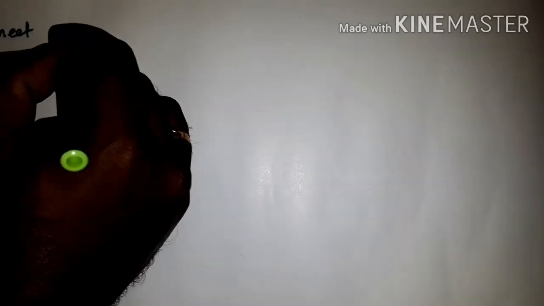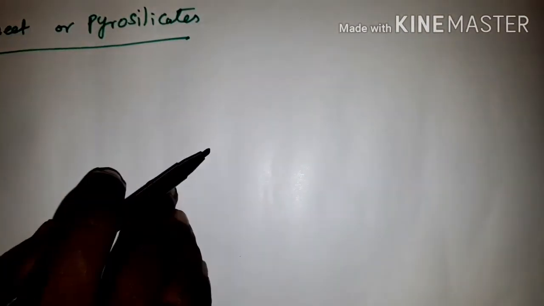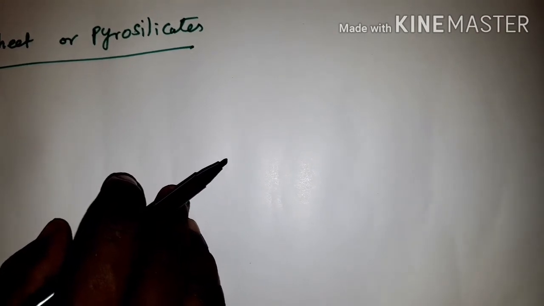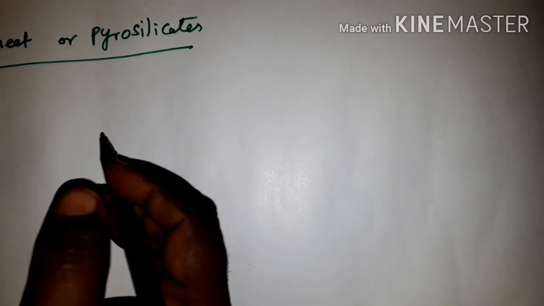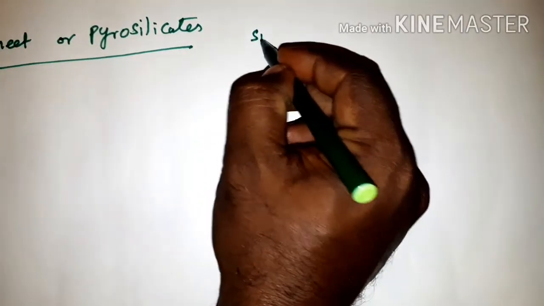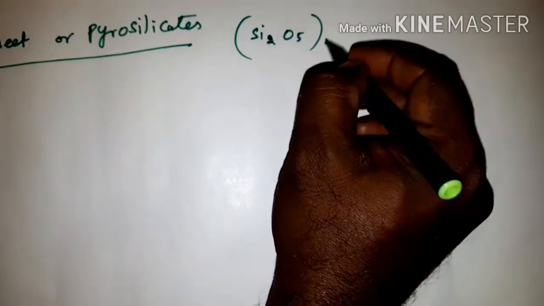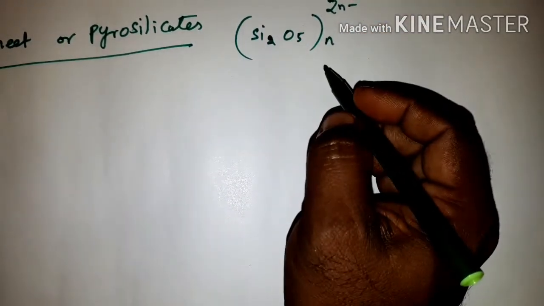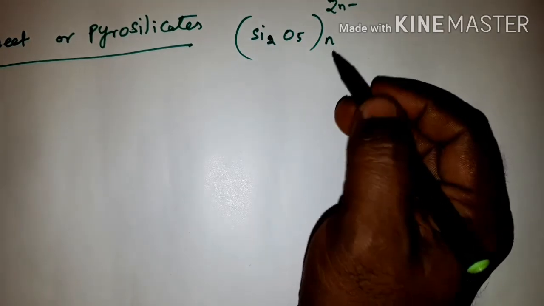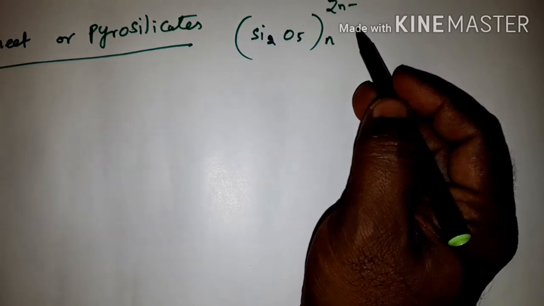So here the general formula of this sheet or pyrosilicate is Si2O5, then n times, 2n minus. So silicates which contain Si2O5 with 2n minus charge are called sheet or pyrosilicates.